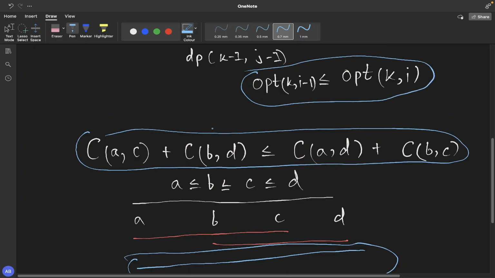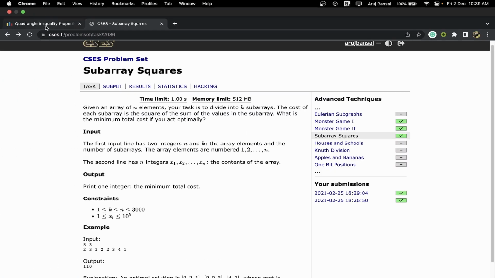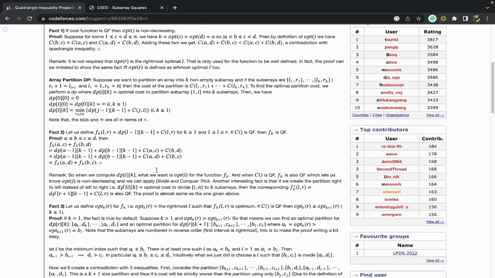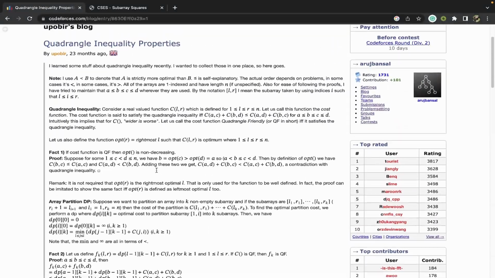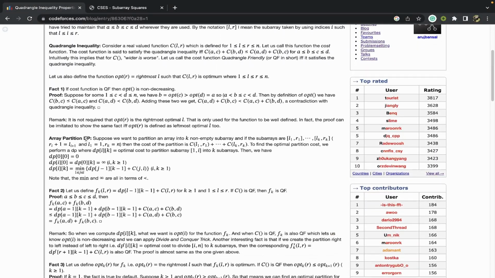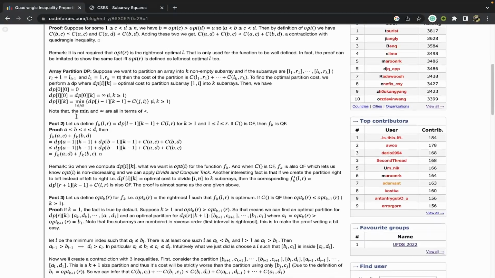Now, I won't be going into the proof for this, and I won't be going into how the square of the sum of elements cost function satisfies this property, but I will be linking this blog in the description below, and it has proofs for a lot of things related to the quadrangle inequality, as well as dynamic programming related proofs.